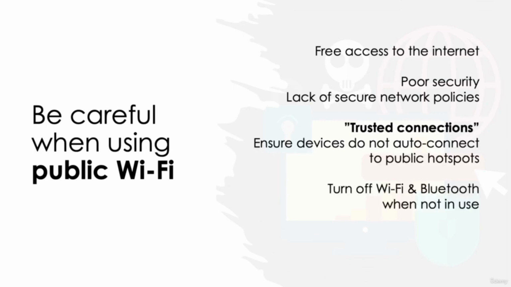Better still, turn your Bluetooth and Wi-Fi off on your devices when you don't require access to them. If your company offers a VPN, a virtual private network, for you to access through, it's important that you always use this so that any sensitive data you access remains secure, no matter the Wi-Fi used.